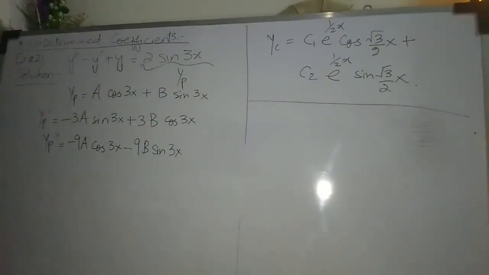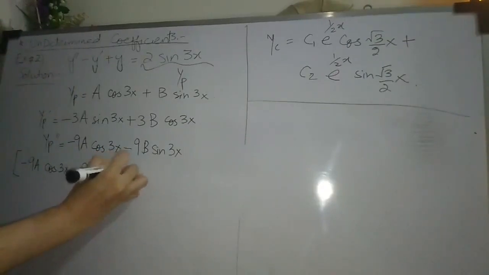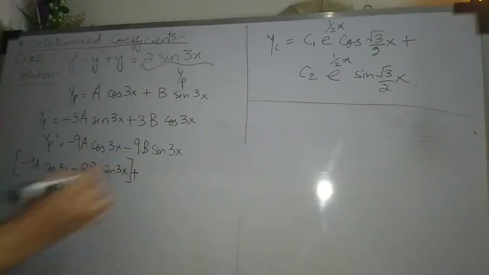Now what I am going to do is replace yp double dash, yp dash and yp in the left hand side and then compare. So I am writing y double dash, that is minus 9a cos 3x minus 9b sin 3x, plus minus yp dash.